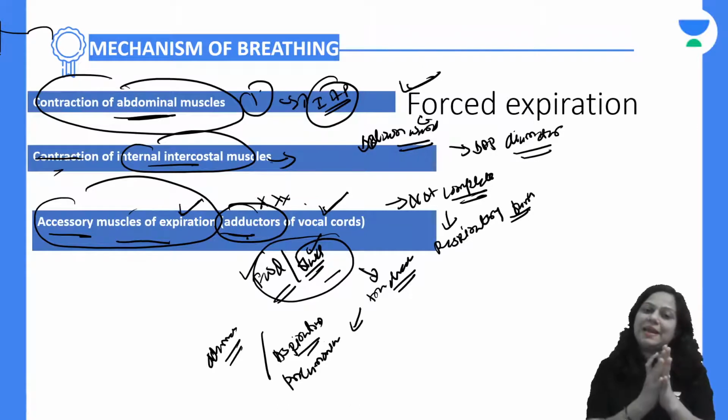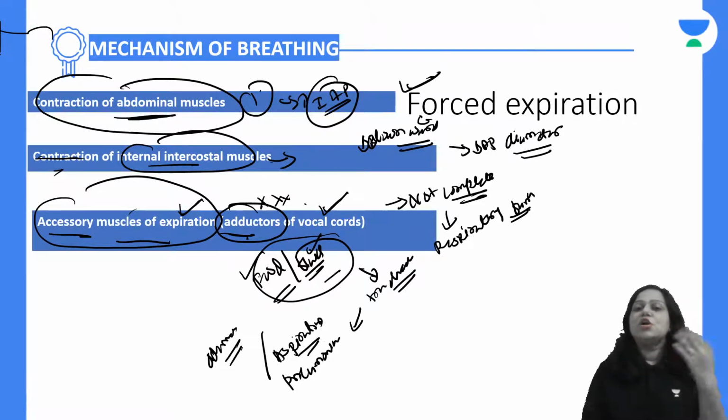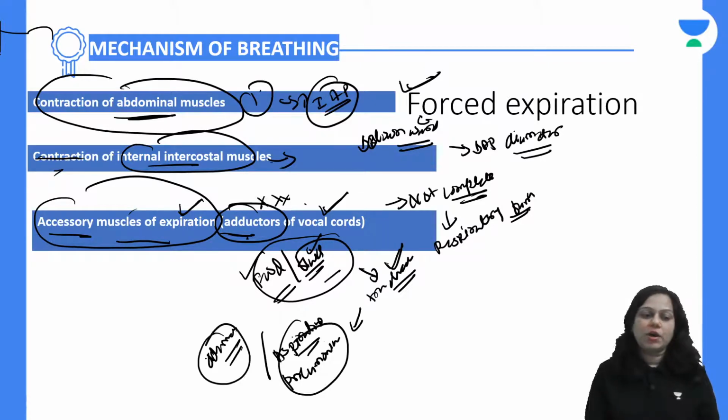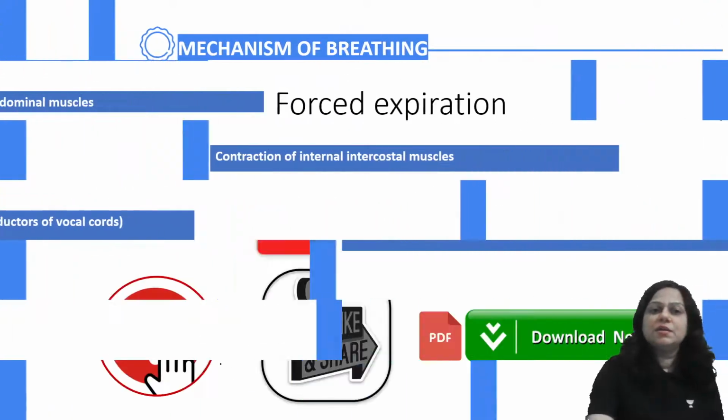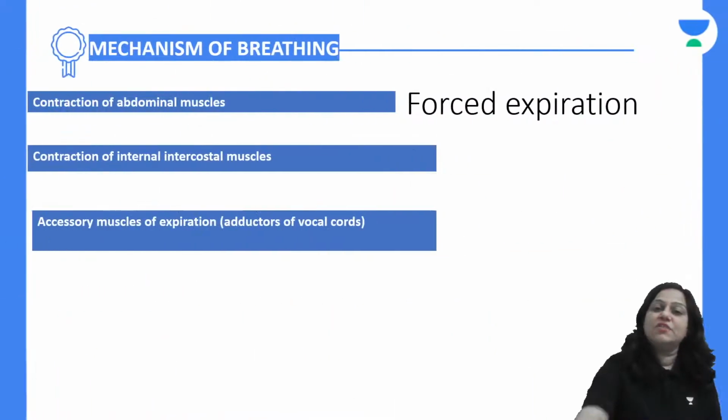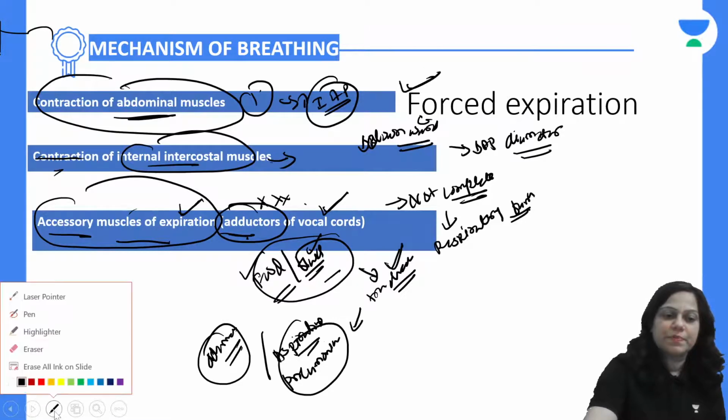So if they are paralyzed, food or fluid, whatever you are consuming, will have a higher possibility to enter into the trachea. So it causes aspiration pneumonia or edema. So this is all about the different phases of respiration.